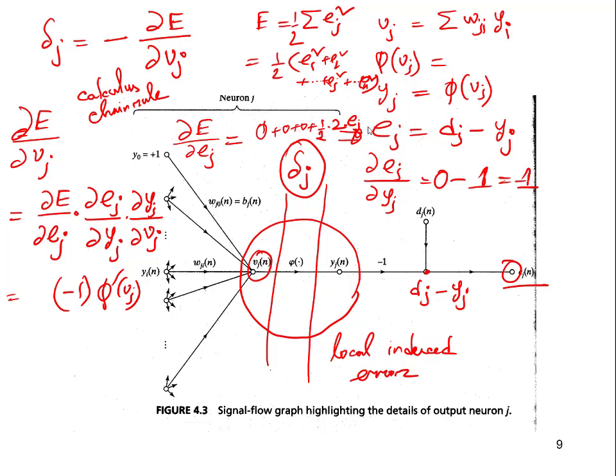Ej square will become Ej and half will be gone. That means only Ej will stand.